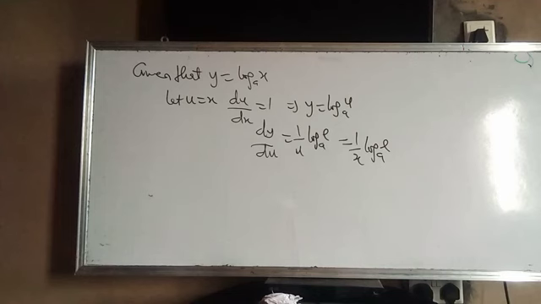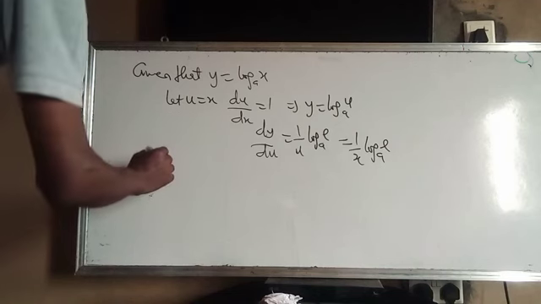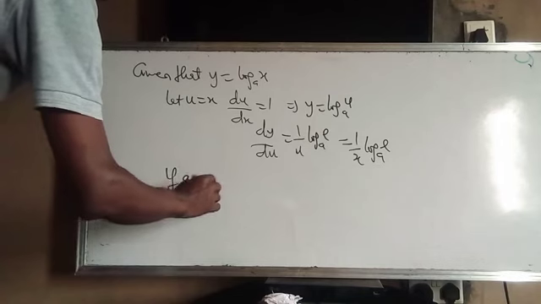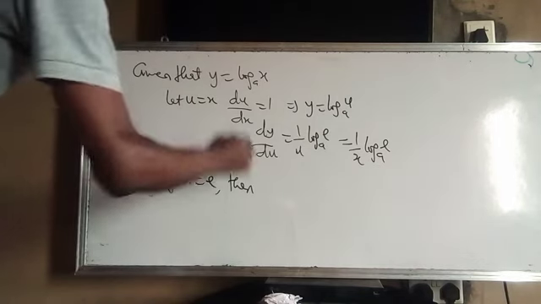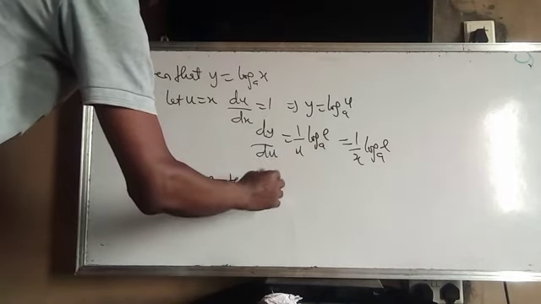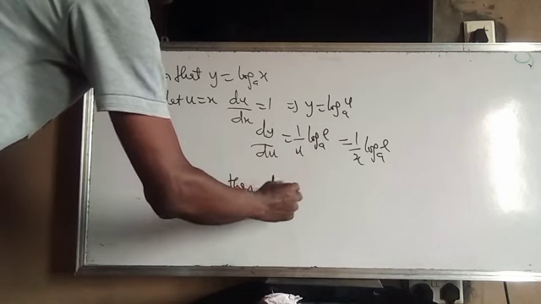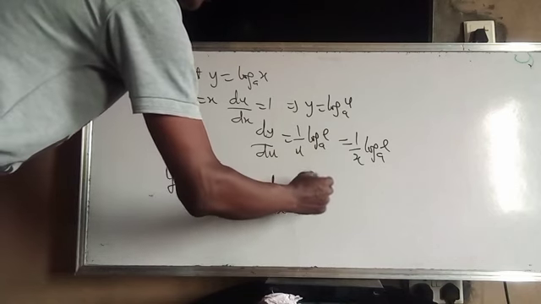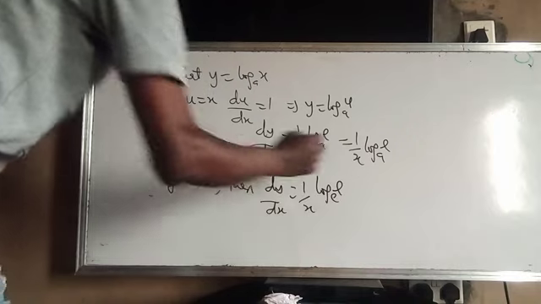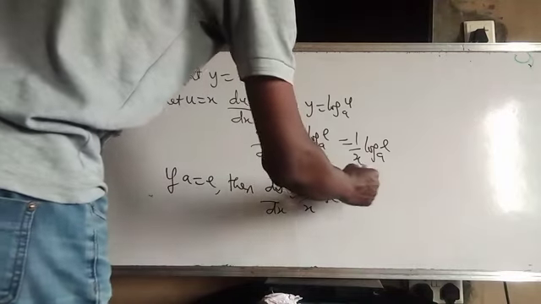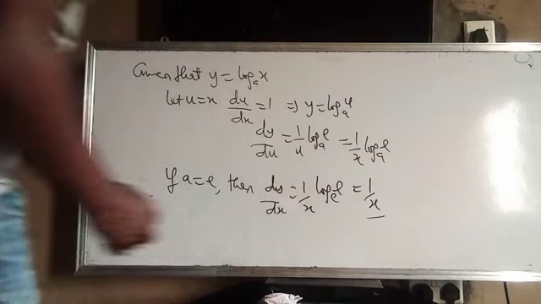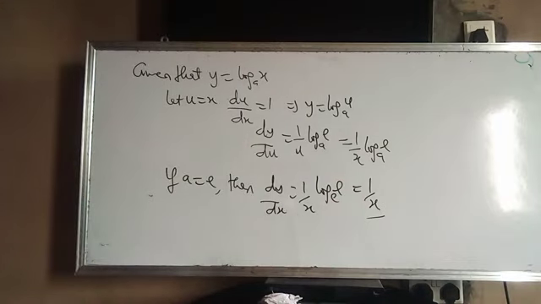So if our a is equals to e, then what happens? We now have dy/dx will be 1 all over x log e base e. So that would be 1 all over x. That is if a is equals to e.